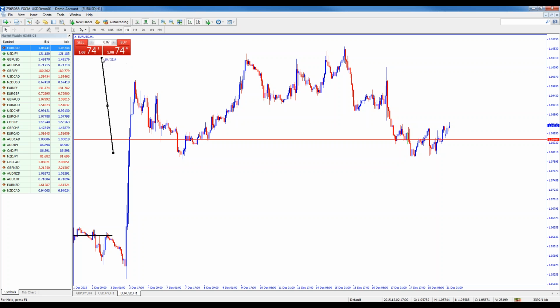So the final number is the sub pip. This is a dollar. On a standard lot, when the pip goes from 74 to 75, that's 1 pip. The sub pip is $1. So let's say it went from 74 to 74.4.